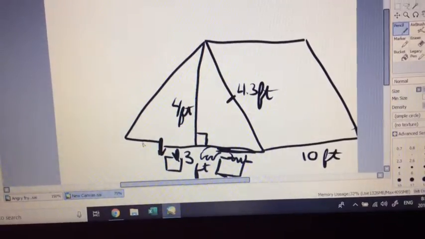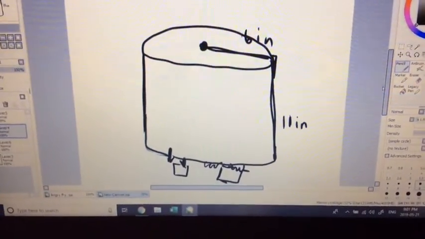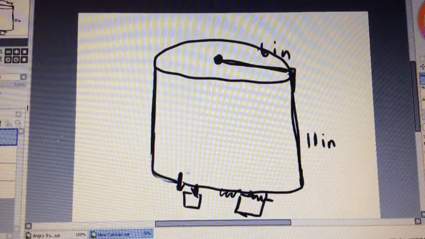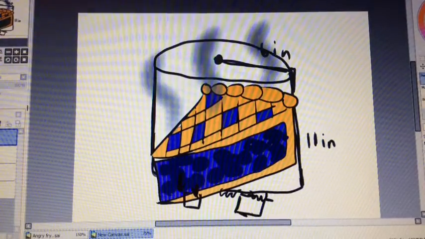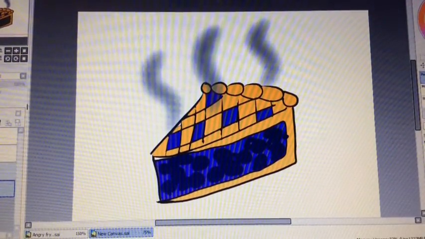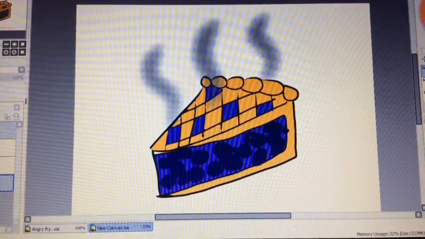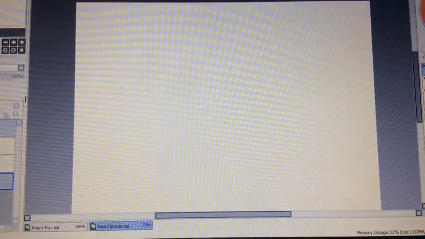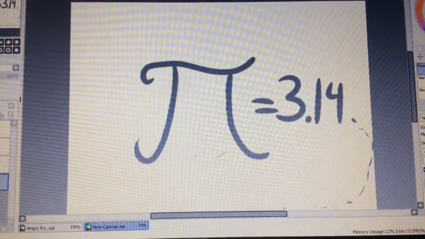On to our final shape. Now, for solving surface area for a cylinder, we're gonna need pi. No, not this pi. I'm talking about this pi. Yeah, mathematical pi.